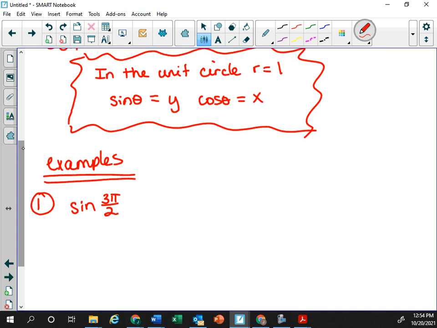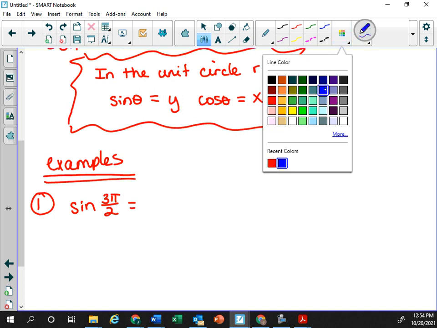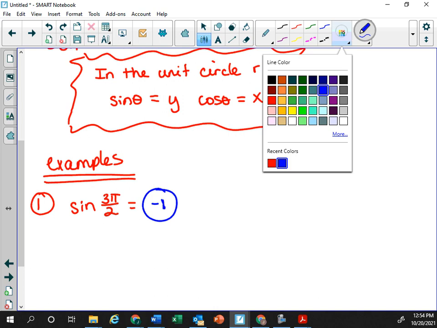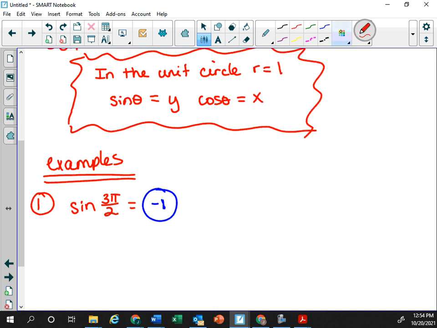So what's the y value for the coordinate at 3 pi over 2? There you go. We're done with that one. Cosine is the x value.